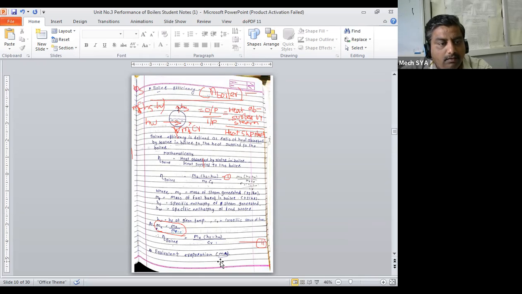Okay, and if ms upon mf is equal to Me, then another form is Me into (hs minus hw) divided by CV.